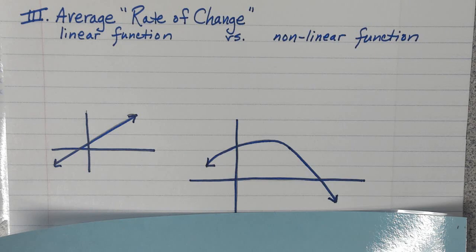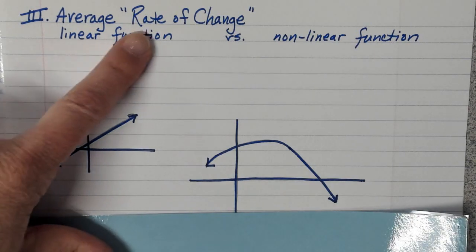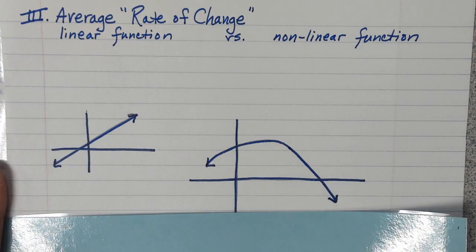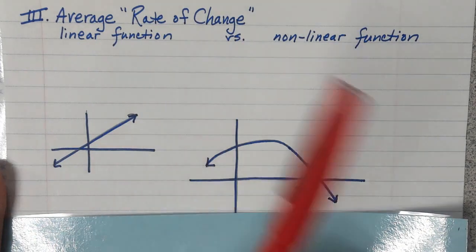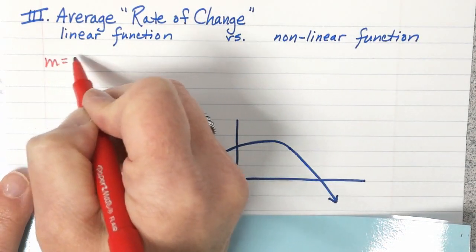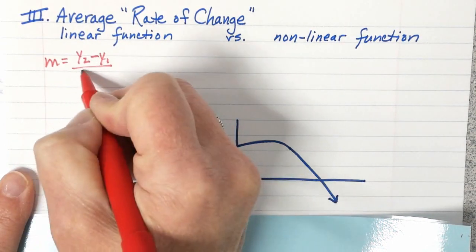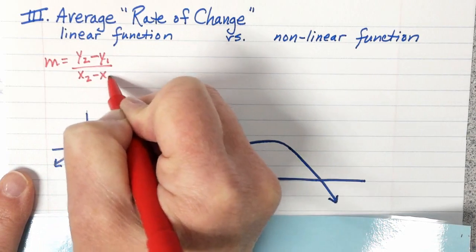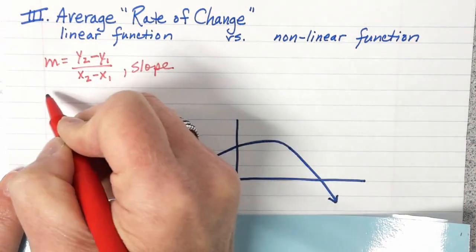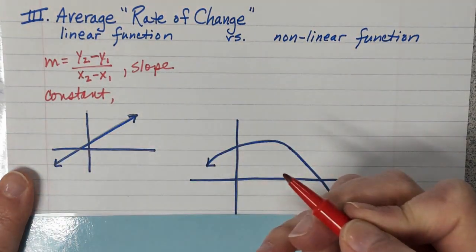Well, you're used to using linear functions and finding the average rate of change, which is a fancy way of saying the slope, right? How is that changing from point to point? And if it's a linear function, you're used to just calculating m equals y2 minus y1 over x2 minus x1, and that was the slope. It's constant. What else did we call it?